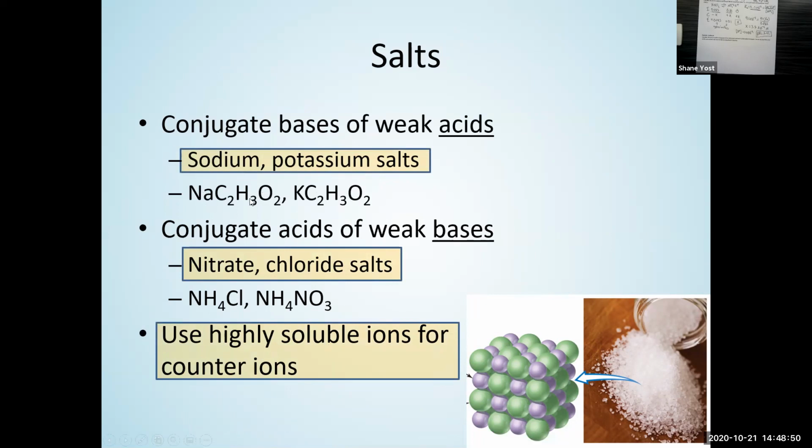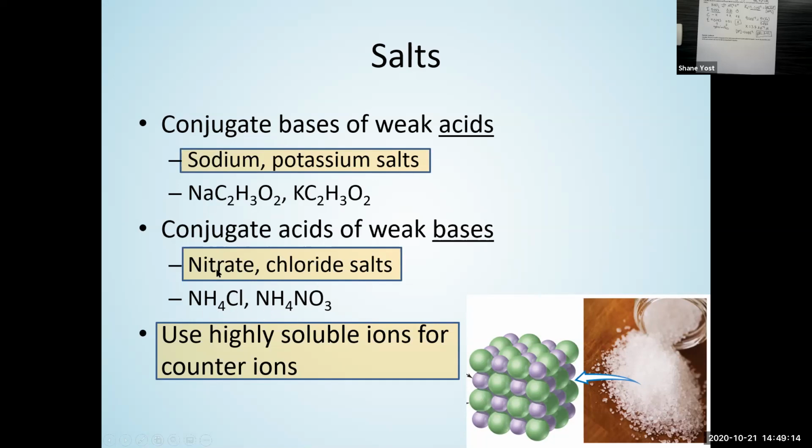So if I have acetic acid, I add sodium acetate or potassium acetate to form a buffer. If I have a solution of ammonia, NH3, I would add ammonium chloride or ammonium nitrate into solution to introduce the weak acid.